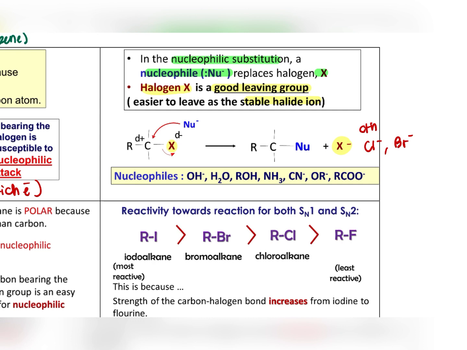Okay, so now you can see that nucleophile tadi yang attack this carbon digantikan tempat halogen just now. Okay, so there are few types of nucleophile that you need to know. Ada 2 jenis nucleophile yang kamu kena tahu, strong nucleophile dengan weak nucleophile.